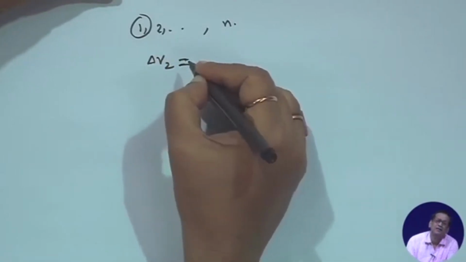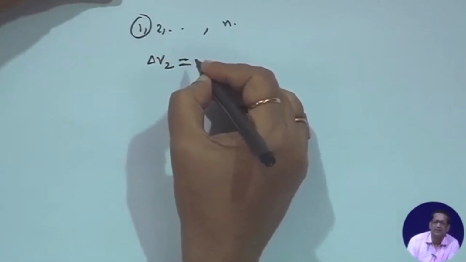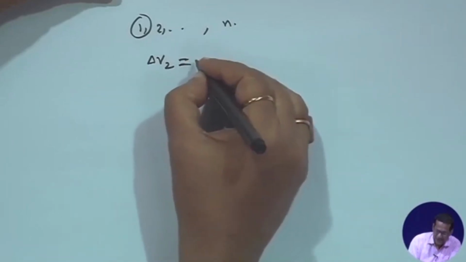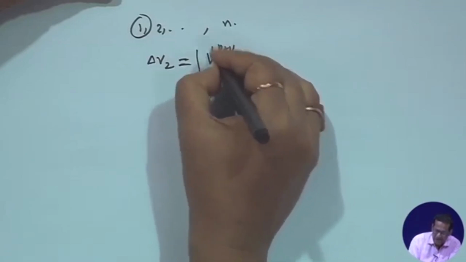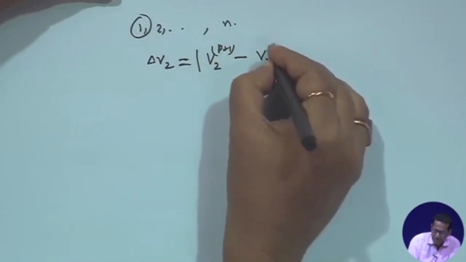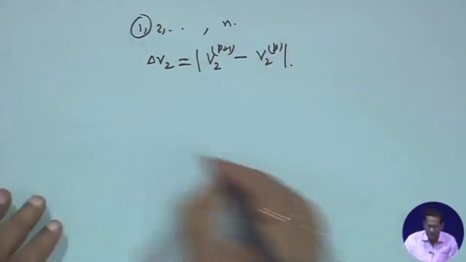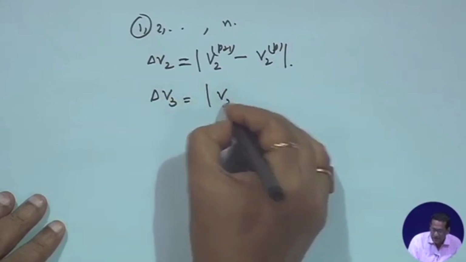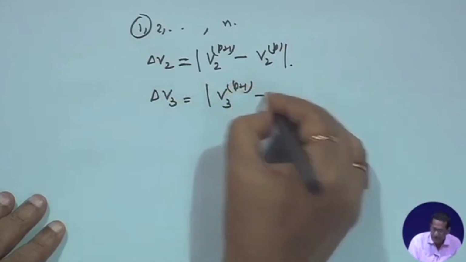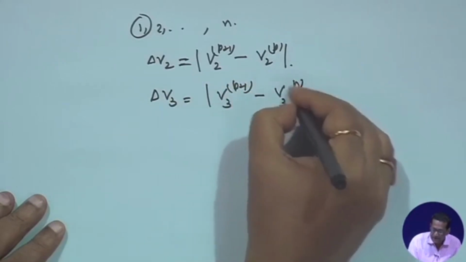There are different ways of convergence. Delta V2 is the current iteration value V2 at p plus 1 minus V2 at p. Similarly, delta V3 is V3 at p plus 1 minus V3 at p.